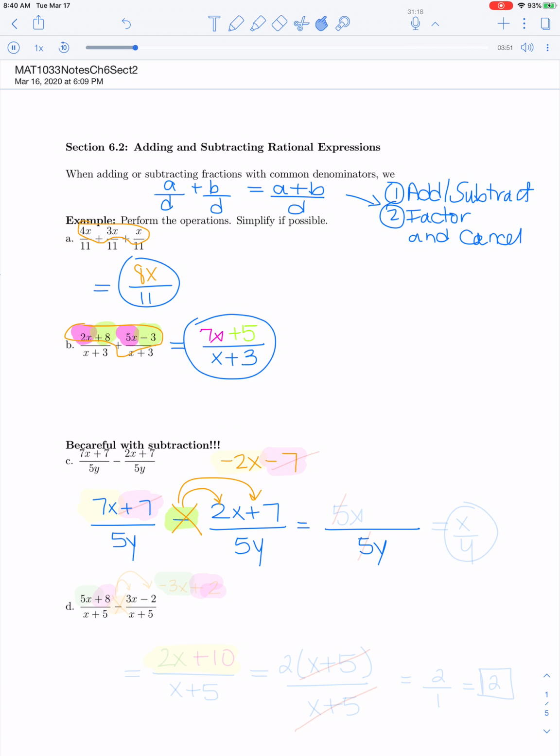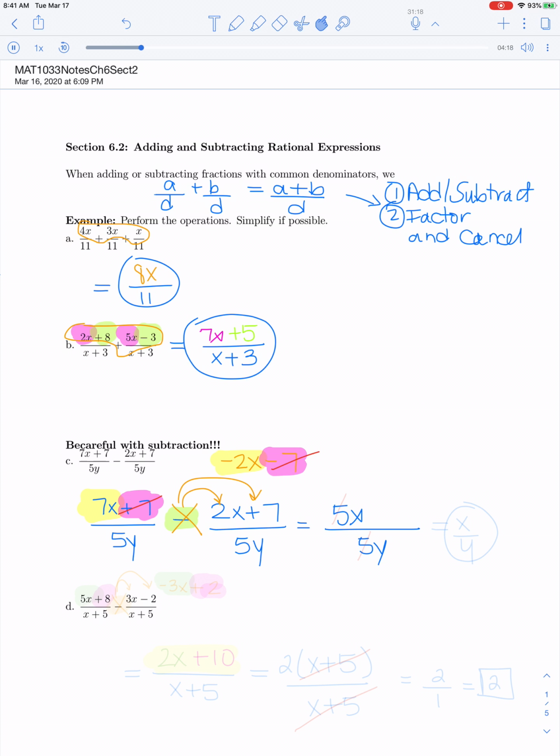Then we can just add normally. Well, notice then we have our like terms, a 7x and a negative 2x, which is 5x. Also, we do have a positive 7 and a negative 7, but those will just cancel out.